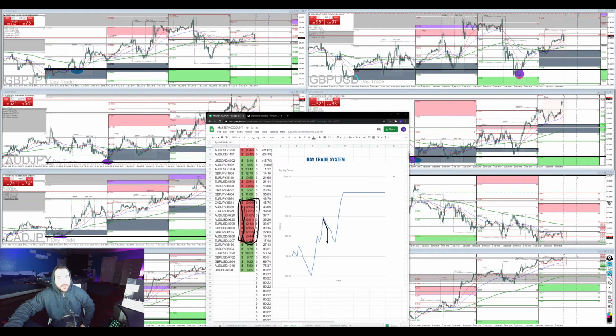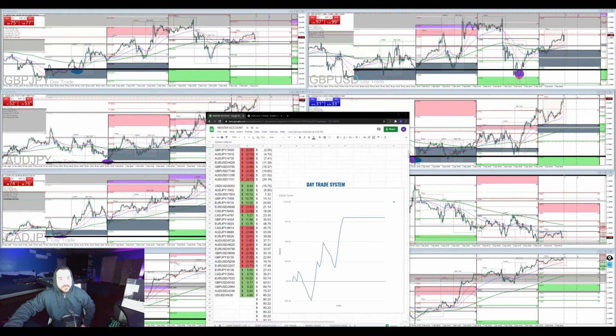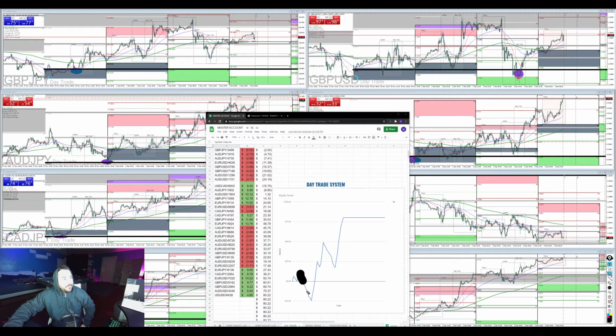Then we had another drawdown before that in the beginning, and it was all of this right here, and that was this right here.